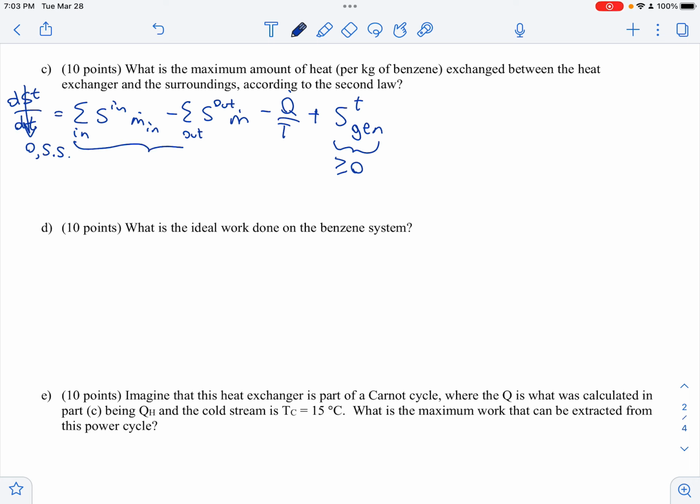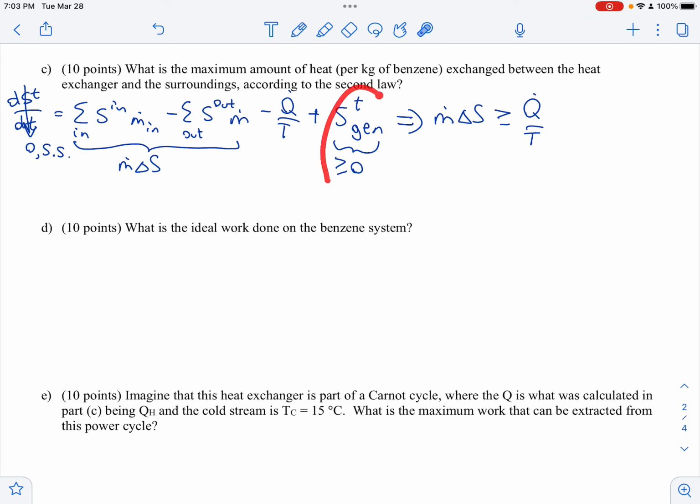I'm going to simplify this by just calling it m dot delta S. And this translates to m dot delta S is greater than or equal to Q over T, right?